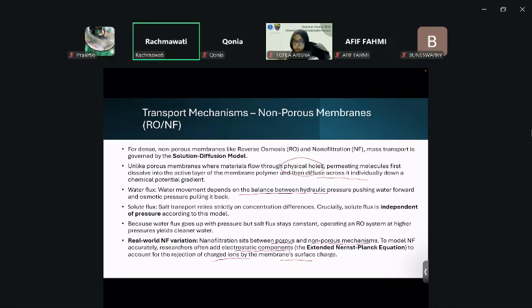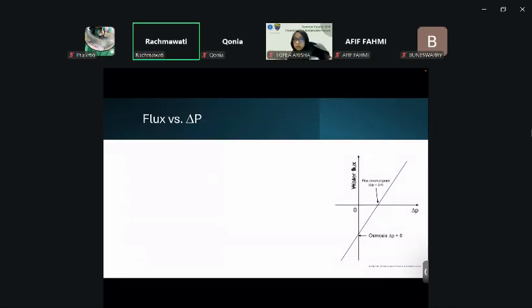But you also have to consider whether your system is actually matching the hypothesis of the equation or the theory itself. Because if it is not, if you are, I don't know, adding some other ions, or the membrane itself is adaptive to ions, then the transport in your system might be different. And that's actually okay. I mean, that's why you are doing research.